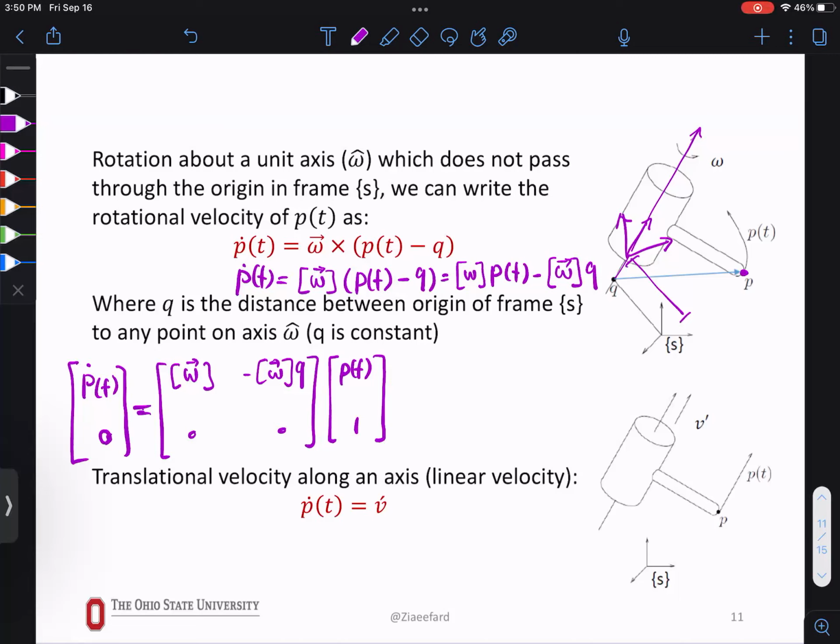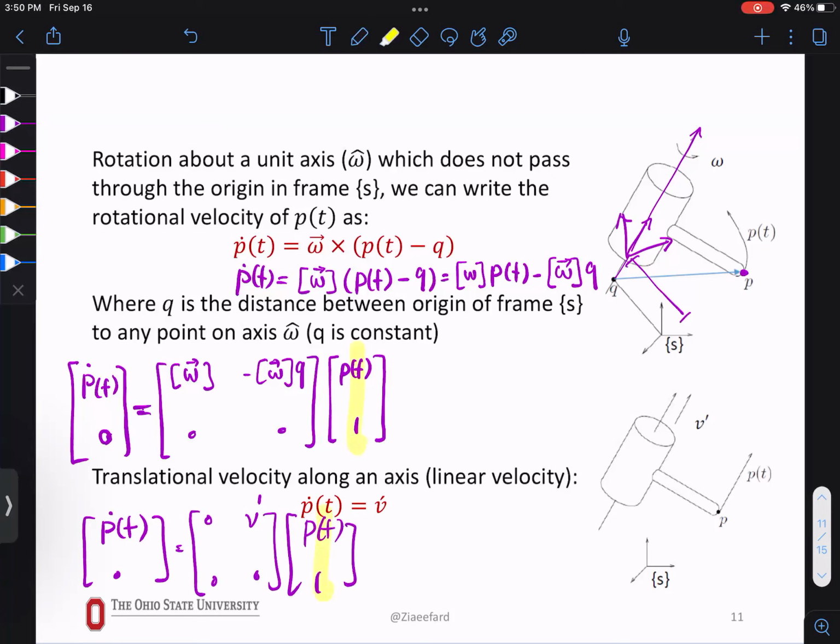Now, I'm going to use the magic again and write P dot of t and 0. So you see that those two sides are similar now, equal to [0, v prime; 0, 0] times [P(t); 1]. Because I want this to look like that and this to look like that.